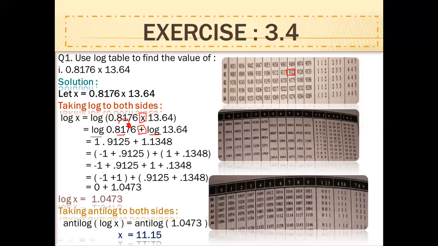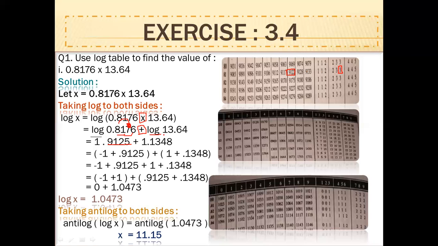Now we check in the difference column for 6. In the differences column, 3 is there. So when we add 9122 and 3, it becomes 9125, which will be our mantissa. So it is minus 1 plus 0.9125. This is the log of the given number 0.8176.